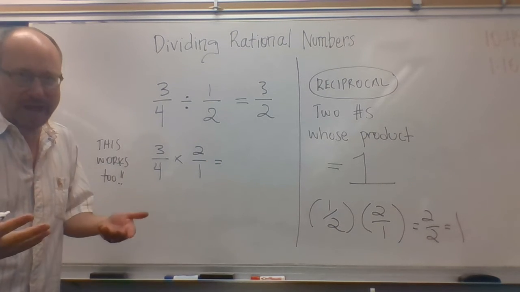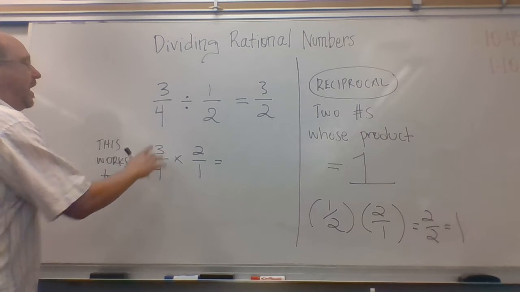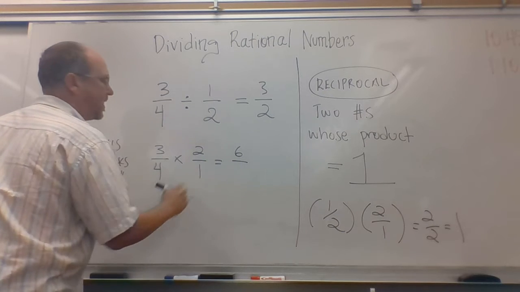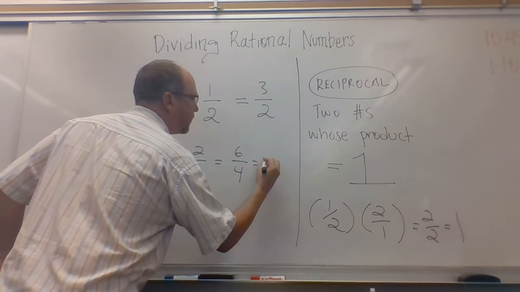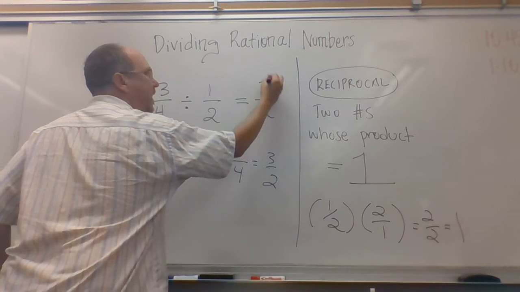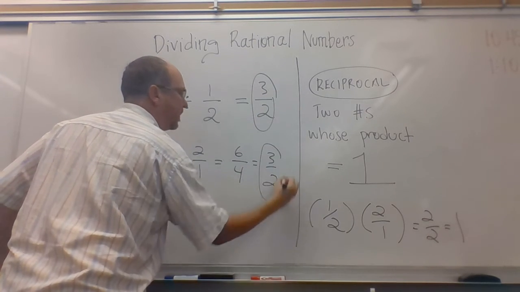This works, it's a pattern. And now we are going to multiply. 3 times 2 is 6. 4 times 1 is 4. 6/4 simplifies to 3/2. Notice that our answers are the same.